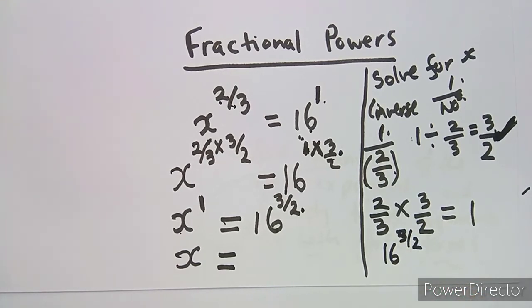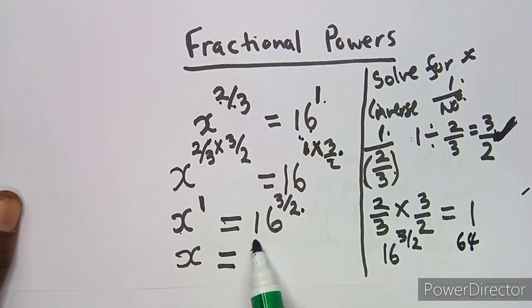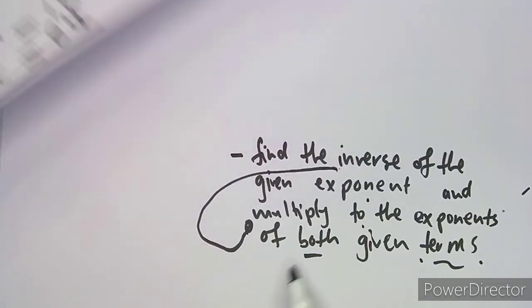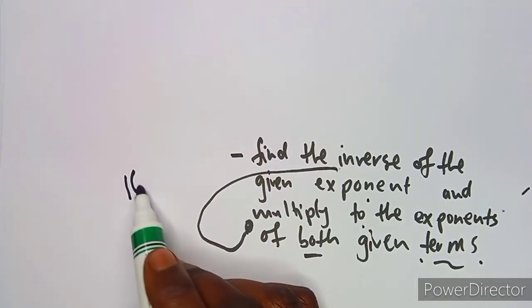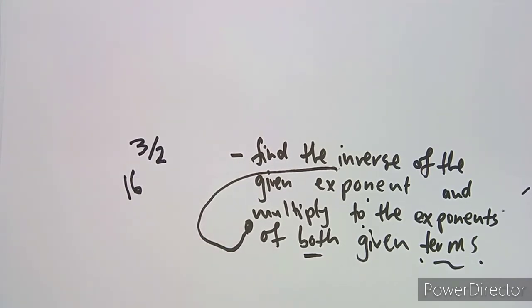That is what you're going to do from this part. So you're going to obtain a 64 there if you use your calculator properly. This is going to give you a 64. So take note, guys, 16 to the exponent of 3 over 2.